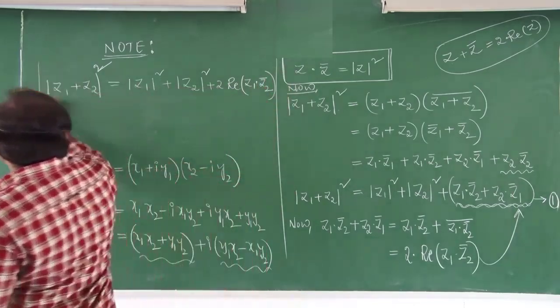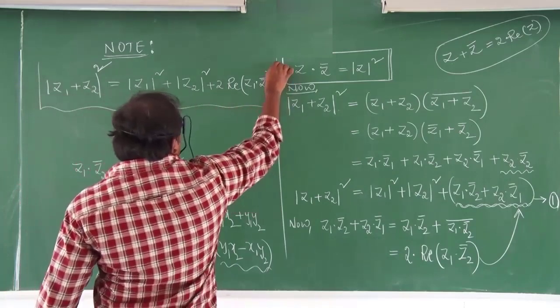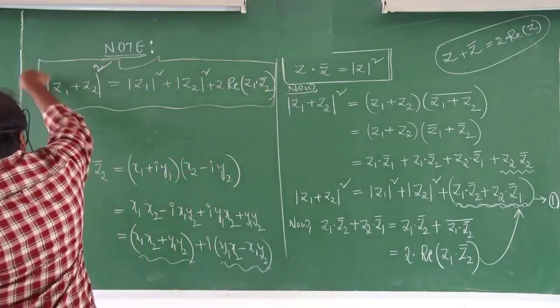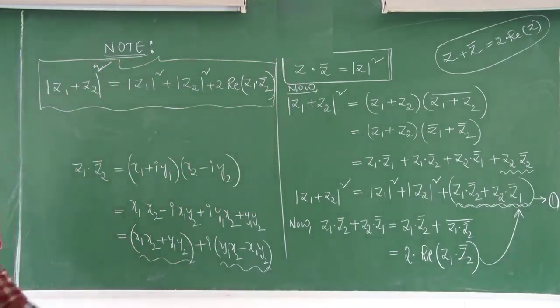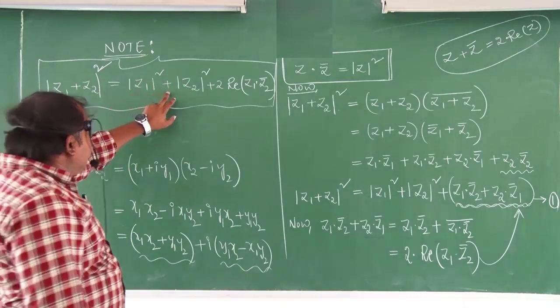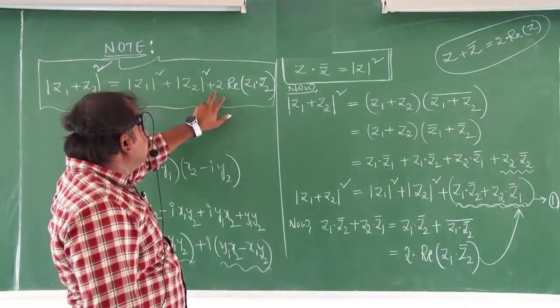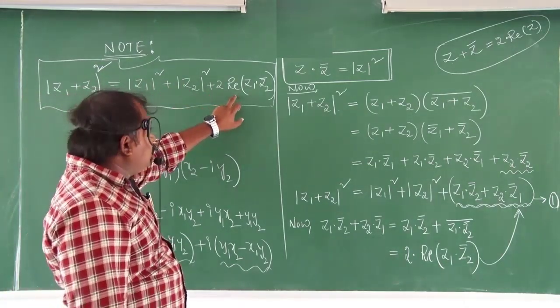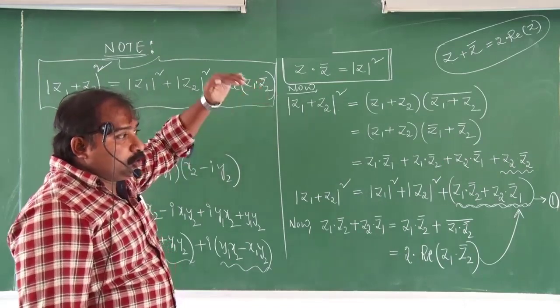This is one important point. Remember this one. So modulus of z1 plus z2 whole square equals modulus of z1 square plus modulus of z2 square plus 2 times the real part of z1 into z2 conjugate. This is the formula.